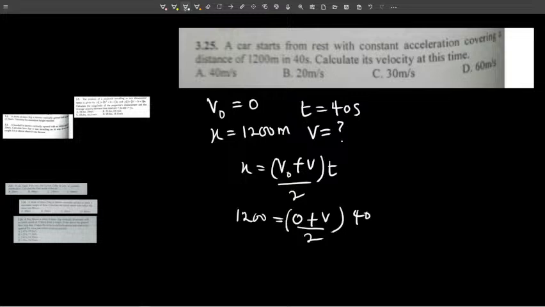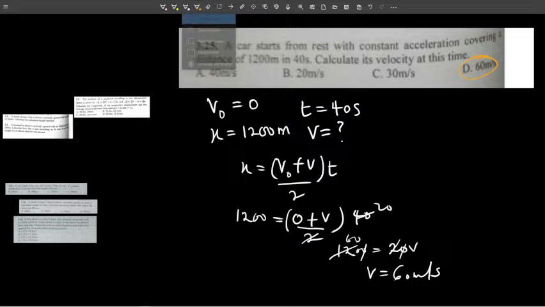T is 40, so I break this down, I'll get 20. So 1200 is equal to 20v. Divide both sides: 0 cancels 0, 2 cancels, and you have 60. So my v is equal to 60 meters per second, which is option D. Next question.